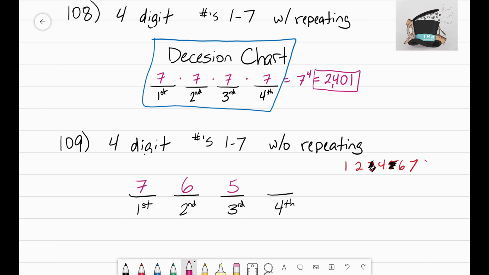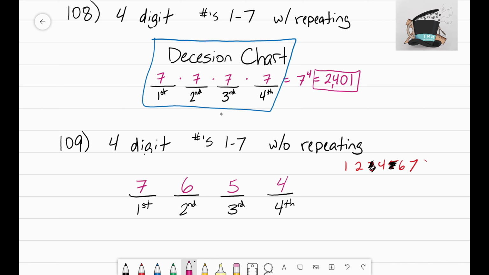And hopefully we can see that with the 4th digit, I'm only going to have 4 digits to choose from. These numbers keep going down by 1 because I'm not allowing repeating. Every time I choose a number, I take that number out of the pool of numbers to choose from. And so my digit choices get lower by 1 each time.